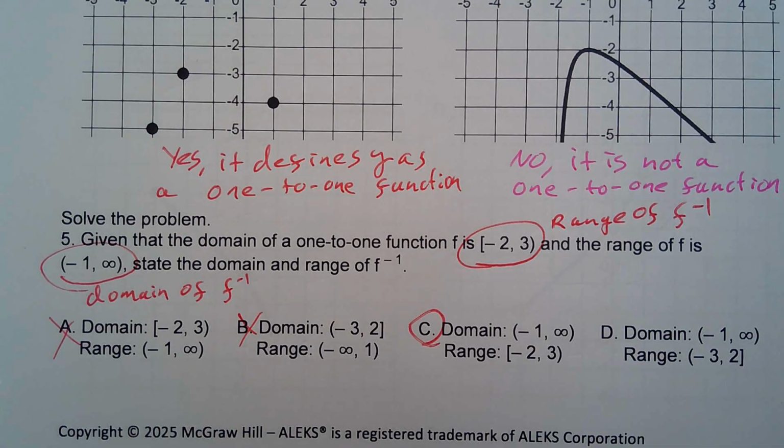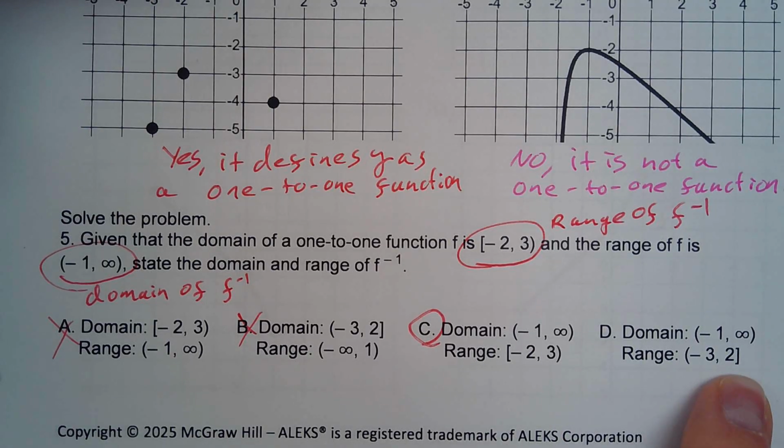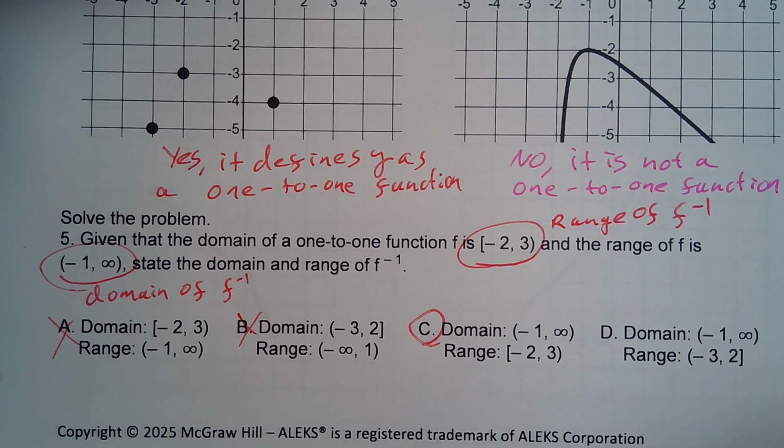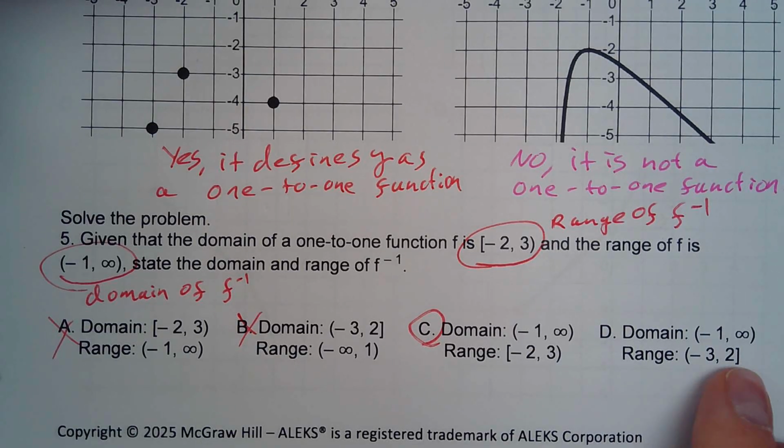I'm switching the domain and range. That switch has already happened. So don't try to switch this to -3, 2. You're not switching the x and y values because these are not x and y values. This is interval notation.